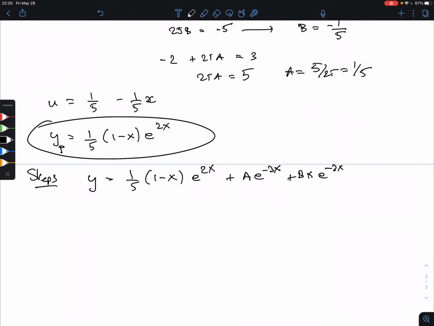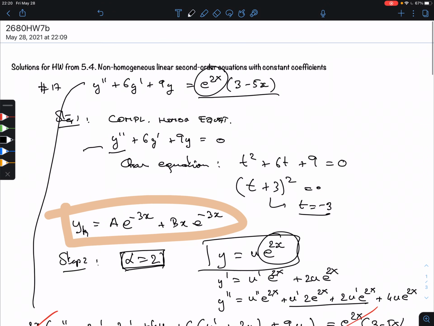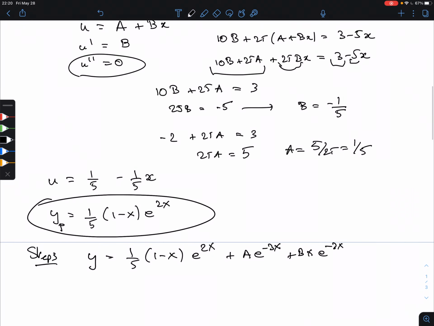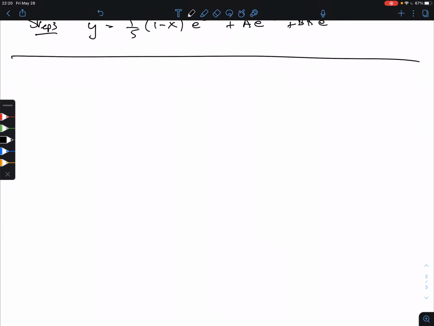Sorry, what was the question? Number 17, sorry. Number 17 is, oh, there was no initial condition, sorry. So this is the general solution. Okay, good. And then the other question was number 27.